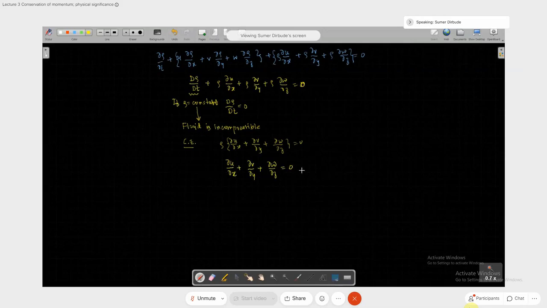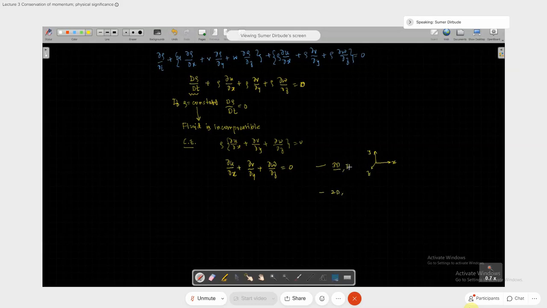This is for 3D flow, three-dimensional flow. Three-dimensional means you have a Euclidean system where you have three dimensions x, y, and z. Now for 2D, this problem can be simplified, 2D and incompressible.